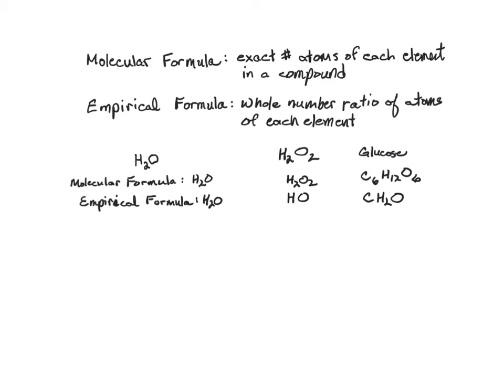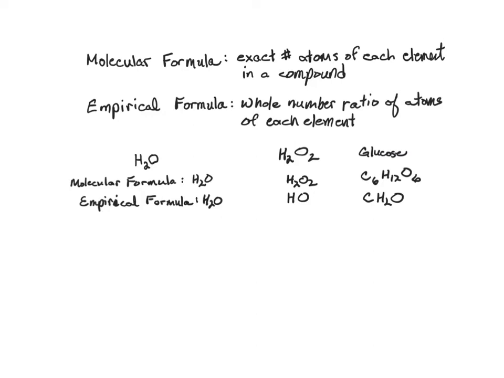So based upon that, this is why we still look at empirical formulas. And you're going to see in the next chapter that we can actually derive the molecular formula from the empirical formula. So there's a lot of experimental ways to arrive at the empirical formula. And once we get there, the molecular formula is the next step.